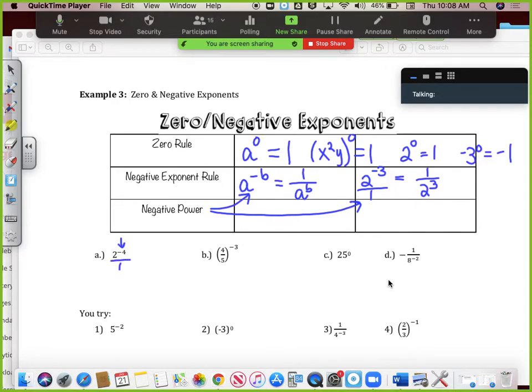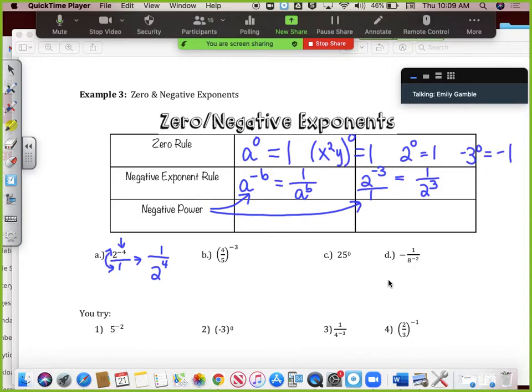We don't usually put a 1 underneath of something that is just a whole number or integer like this, but we put 1 underneath of it. And then when we go to use the negative exponent rule, these things flip upside down to be the reciprocal. So this really equals 1 over 2 to the positive 4th power.